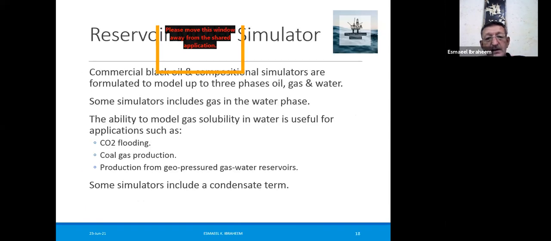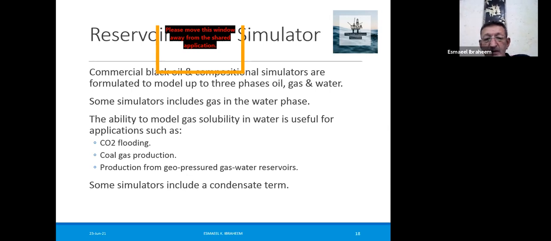Reservoir simulators. Commercial black oil and compositional simulators are formulated to model up to 3 phases: oil, gas, and water. Some simulators include gas dissolved in the water phase.